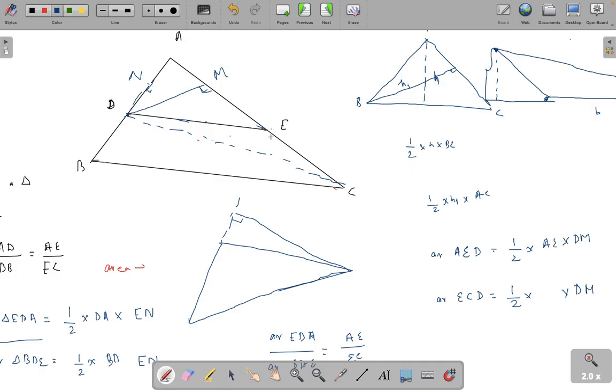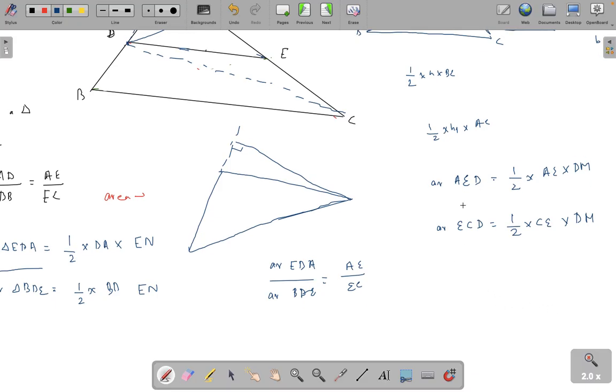Yeah, but you have to restrict yourself to this triangle. So you'll write half times EC, because if you go till M, then you'll calculate the area of this other triangle. So half into EC times DM, right? Now if you take the ratio, area of AED upon area of ECD, this will be equal to AE times EC.